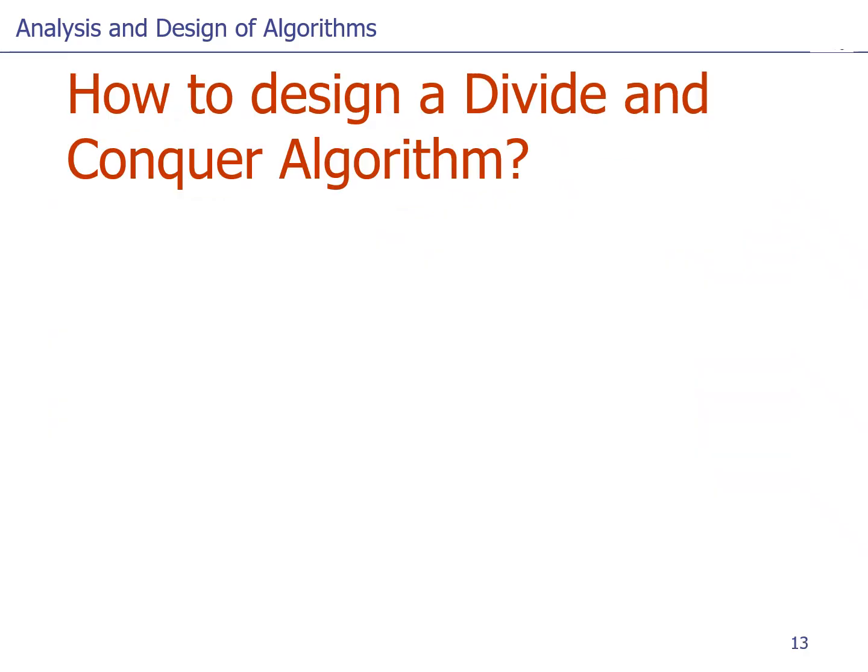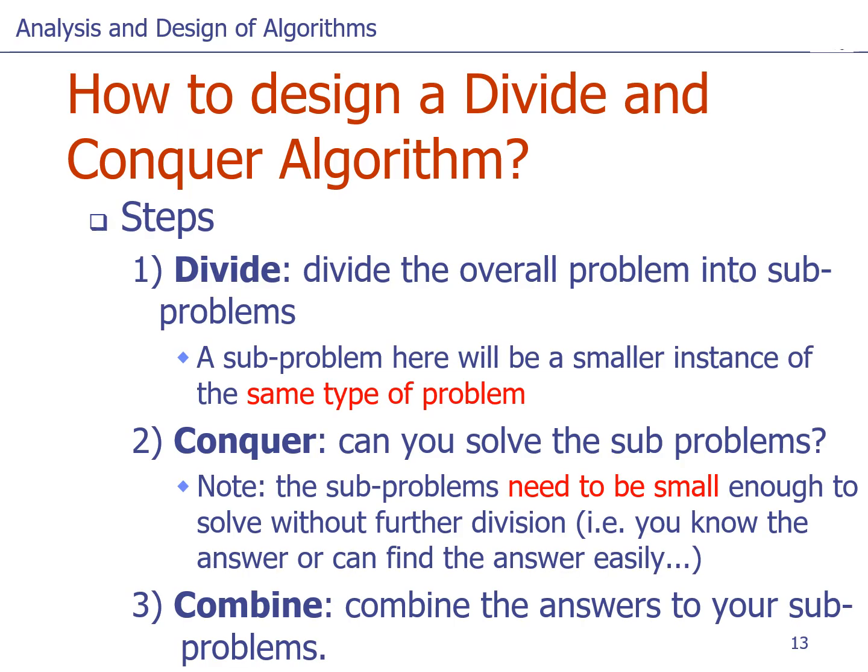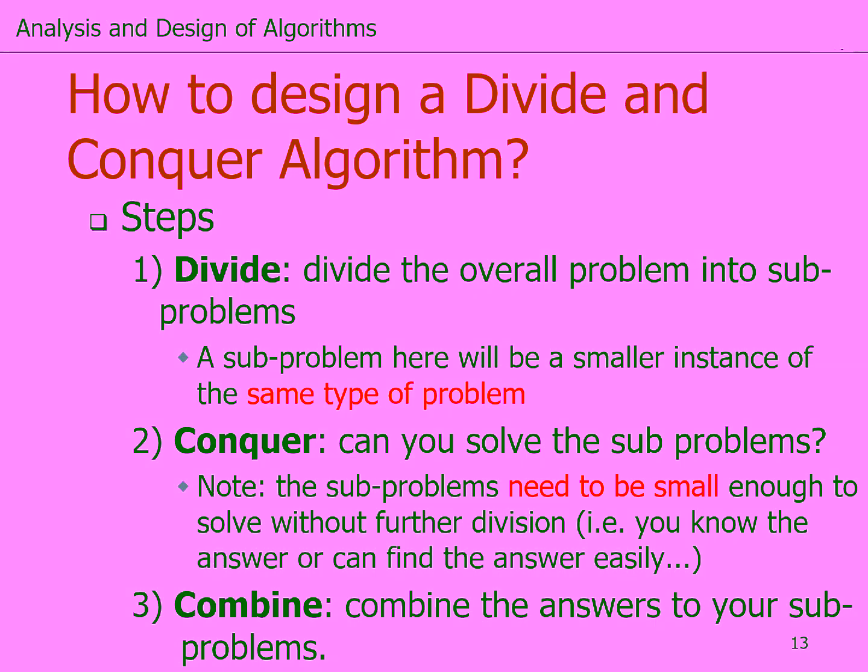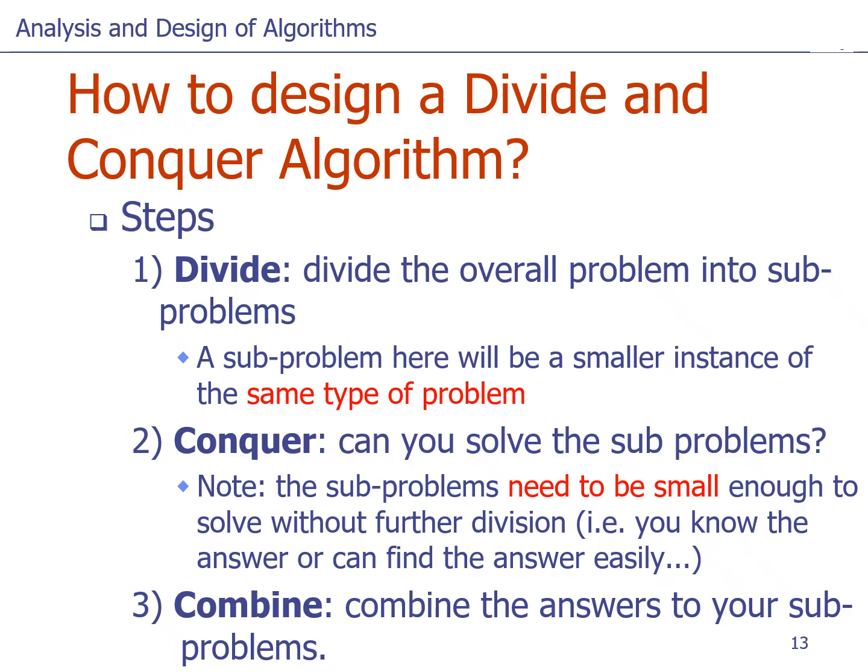Now the question is how to design a divide and conquer algorithm or solution for any given problem. Here are the steps. The first thing is you have to divide. And the nice thing here is that the common sense approach to division is usually the one that will win.